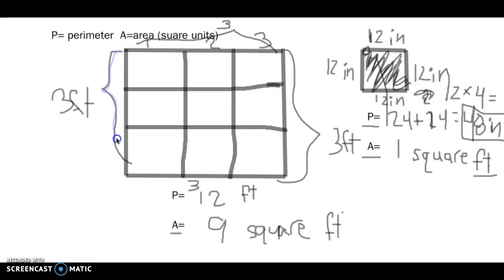If I said that this side was 3, it's like 1, 2, 3 rows. And if I said that there are 3 boxes in each of the rows, 3 times 3 is 9. That is a great way to think of area. Area can also mean arrays, right? They're boxes set up in rows with an equal amount in each row. Sometimes, not all the time, but it works when we have a nice shape like this.